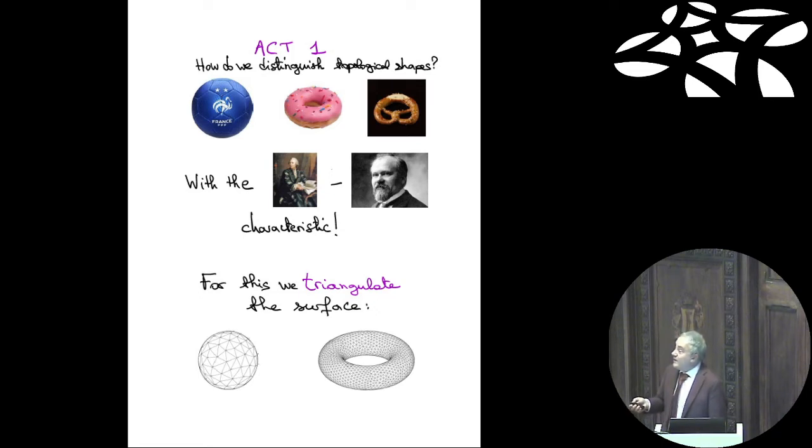They are not really triangles because they are on the sphere, so they are some kind of spherical triangles. And here we do something similar, but the triangles are smaller on the torus. There are many ways to triangulate such objects, but we can read out some useful information from such a triangulation.